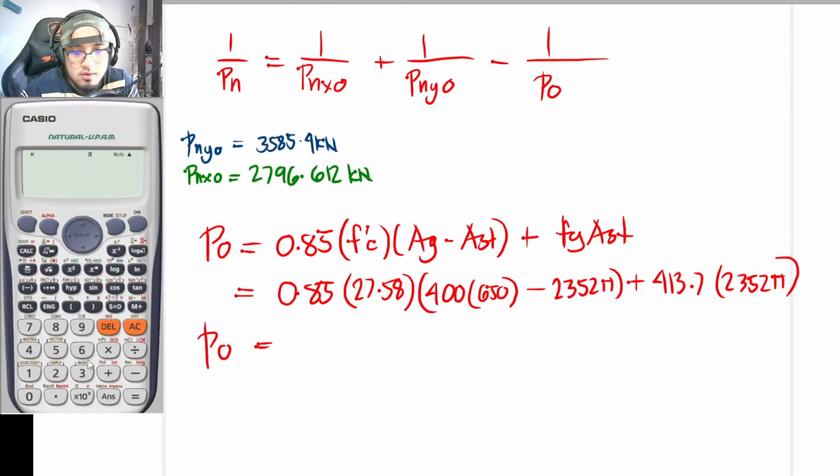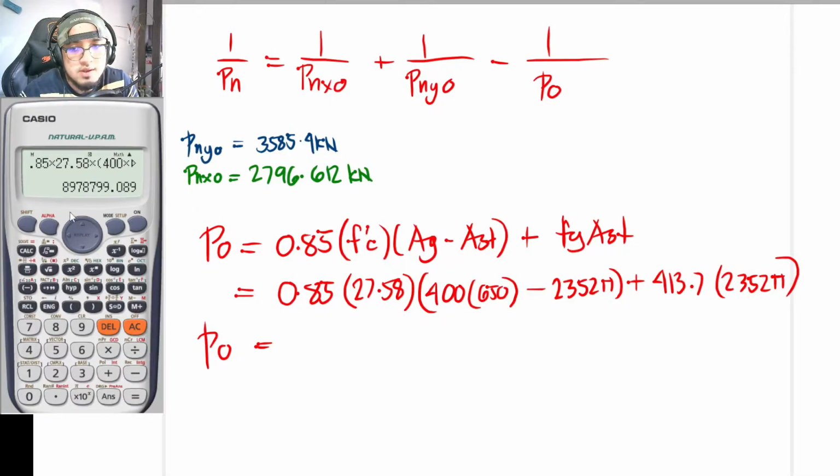Okay, so solving for our PO, this is now to be equal to 0.85 times 27.58 times 400 times 650 minus 2352 times pi. Close natin yan. Plus 413.7 times 2352 pi.